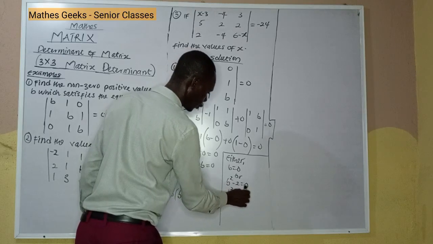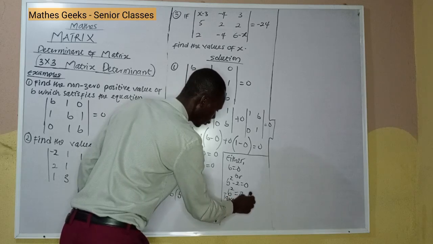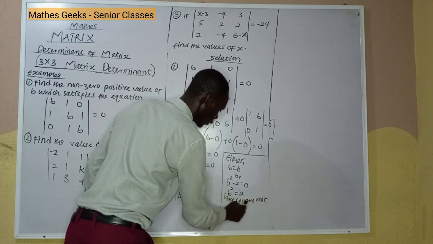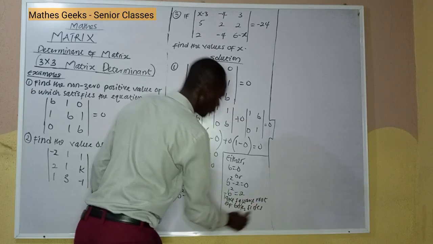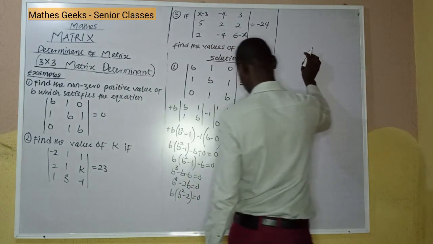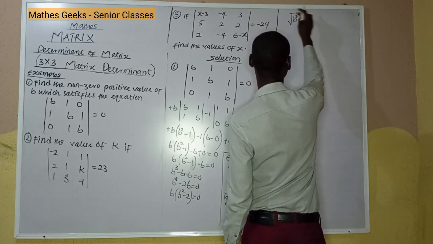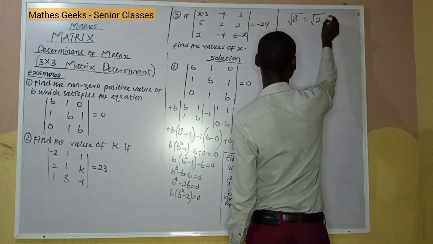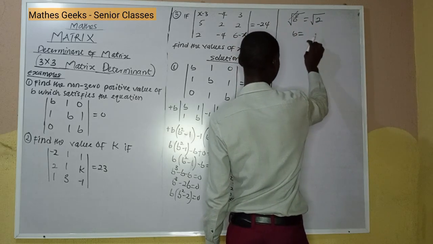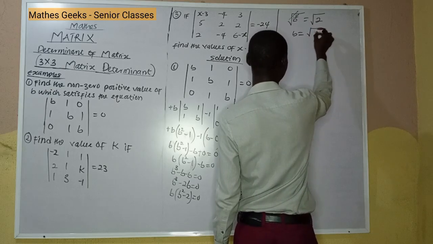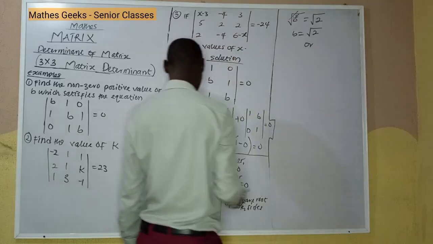So b squared equals 2. Take the square root of both sides, so b equals root 2. Final answer.